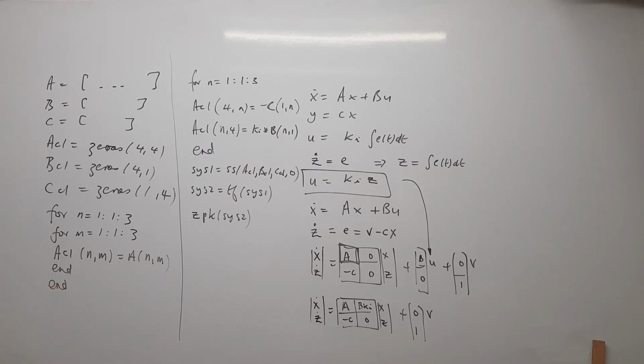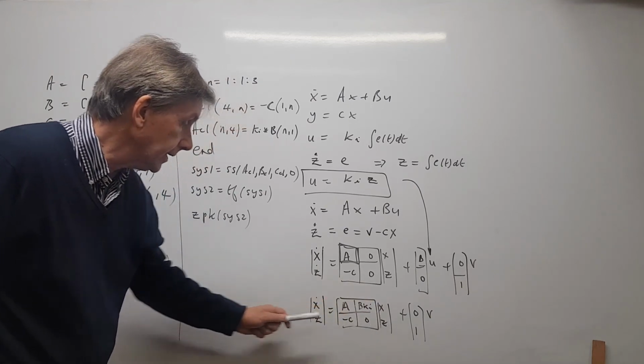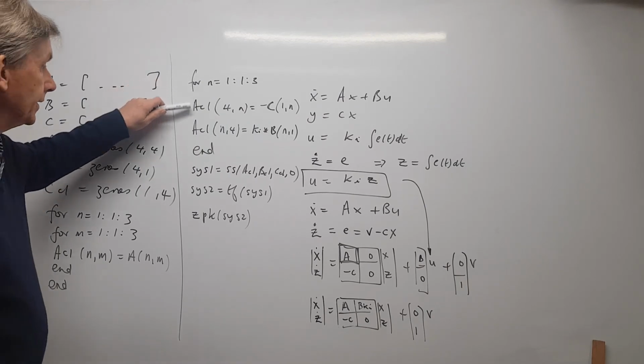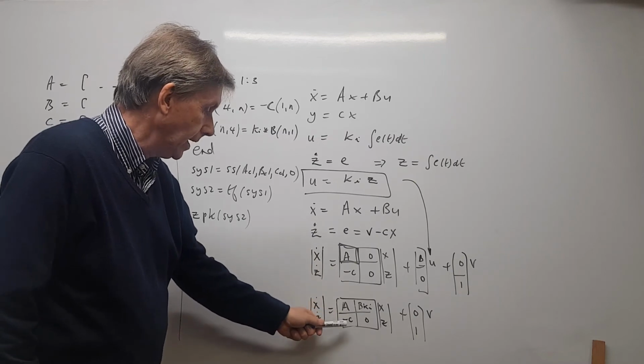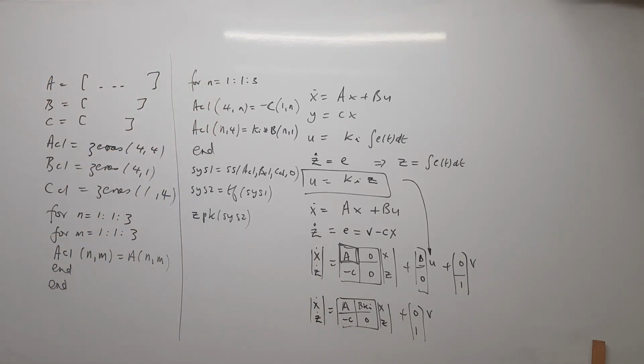So here's the code for forming this in MATLAB now. Notice I'm using for loops here, a bit of for loops there, and another for loop here to write in the A and the minus C and the BKI. So that's something new that you might not have met before, but we will need that skill for doing most of the examples.